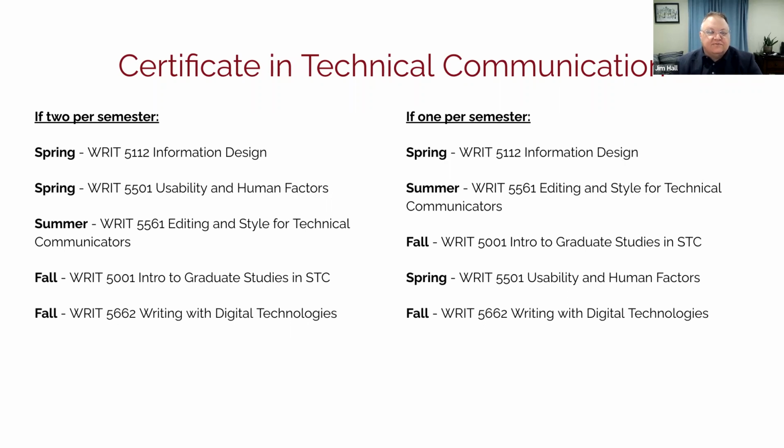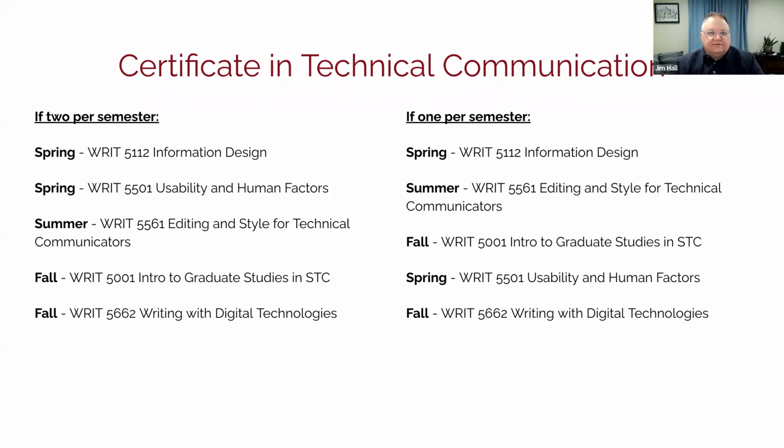Those are the only 2 courses we offer in spring for the certificate program. Then in summer, they follow that up with 5561, Editing and Style. And then in fall, they come back for the 2 courses in fall, 5001, Introduction to Graduate Studies, and 5662, Writing with Digital Technologies. Taking 1 per semester, again, depends on your comfort level and how you're going to do work-life balance.